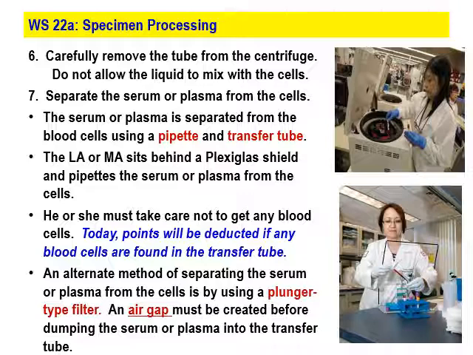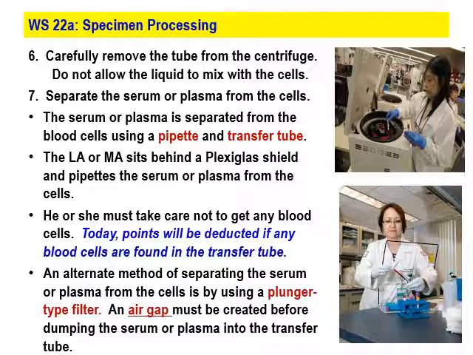Then our laboratory assistant's going to get her pipette and her tube, and from behind her plexiglass safety shield, she's going to take an aliquot of our serum or plasma and put it into a transfer tube, okay?